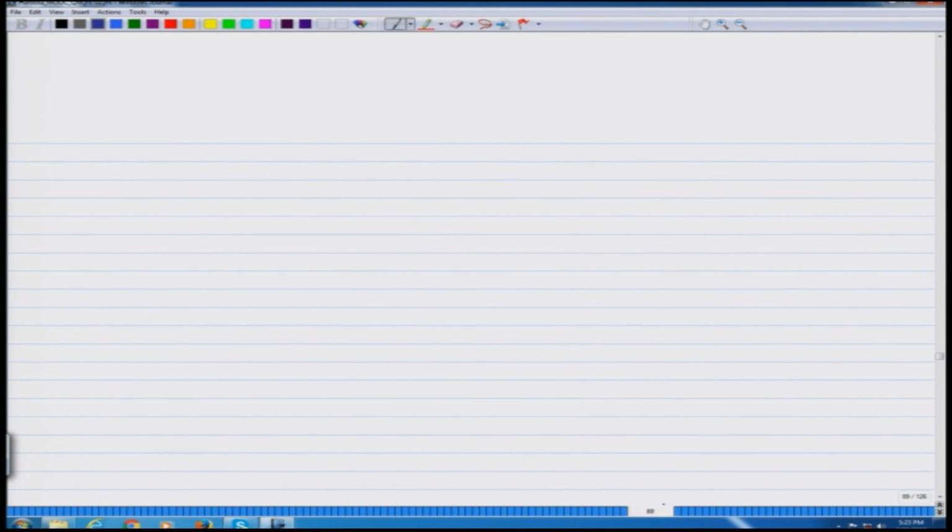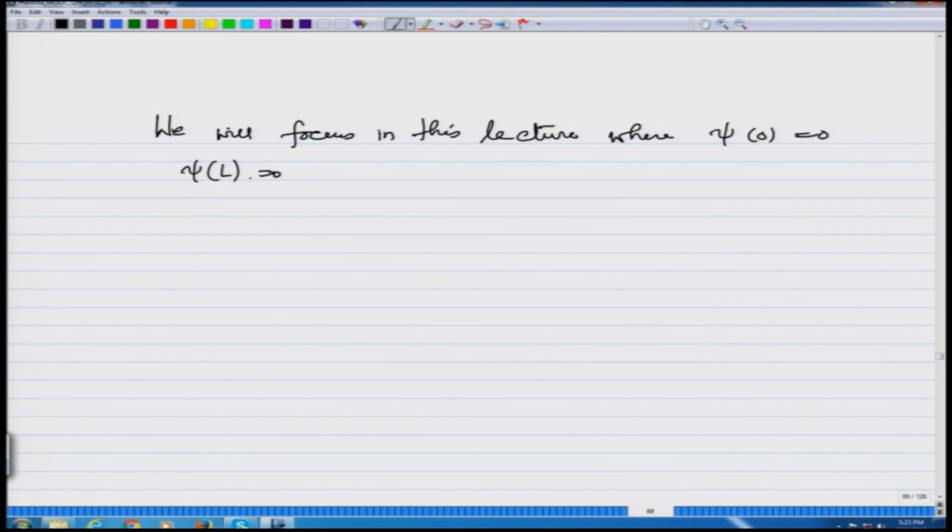To start learning about numerical techniques, we will focus in this lecture on a simpler problem where psi 0 is 0 and psi L is 0. That will also make us understand the problem better.